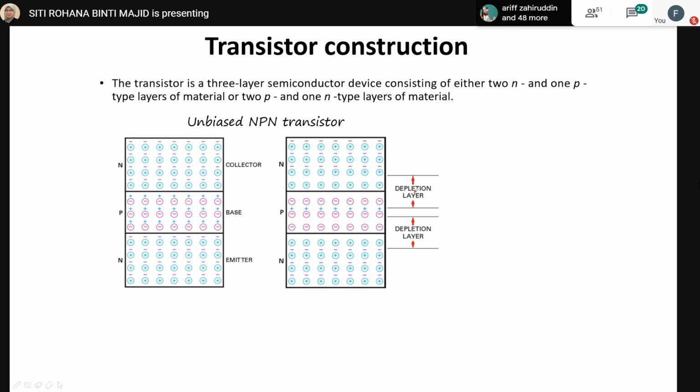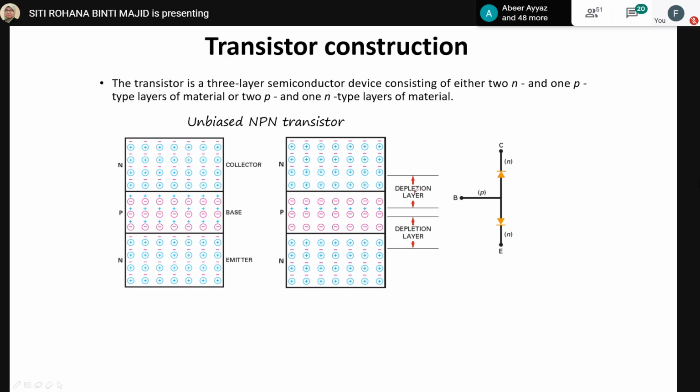You should know what a depletion layer is first, and then how it is influenced by the polarity of the PN junction. We already discussed how the layer can widen and how it can shrink, depending on the polarity of the junction.